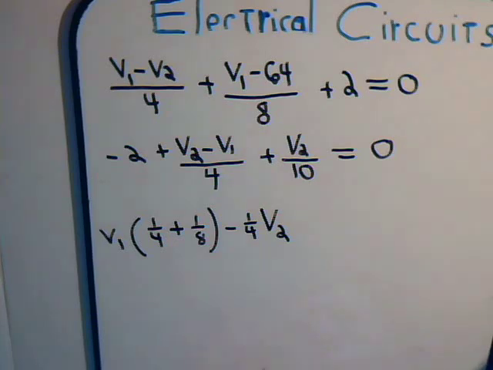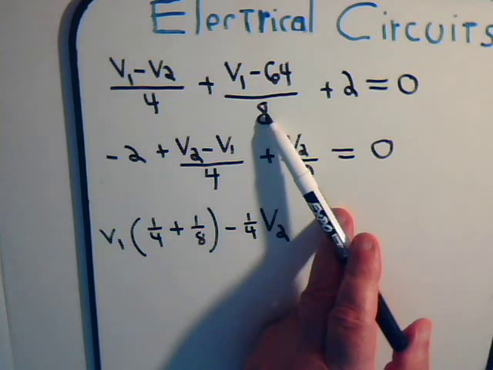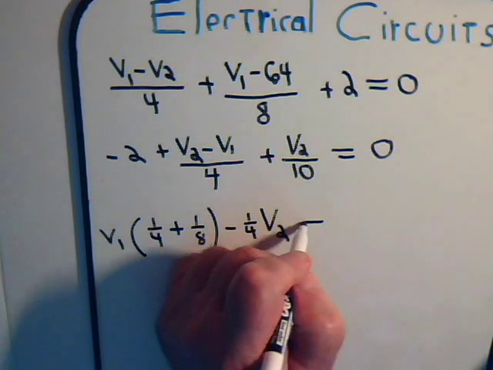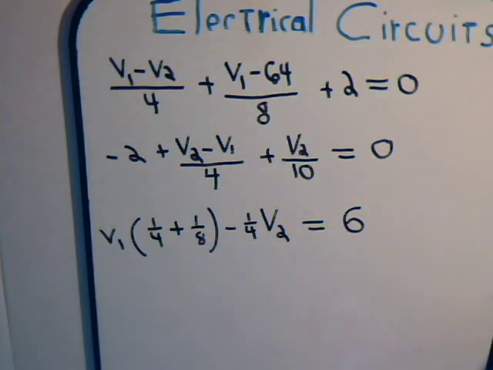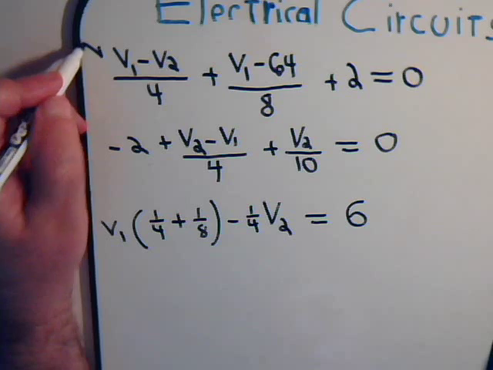And then from here we have 64 divided by 8 is 8, so minus 8 plus 2 is minus 6. Let's take it to this side, that's plus 6. And that's from this equation.